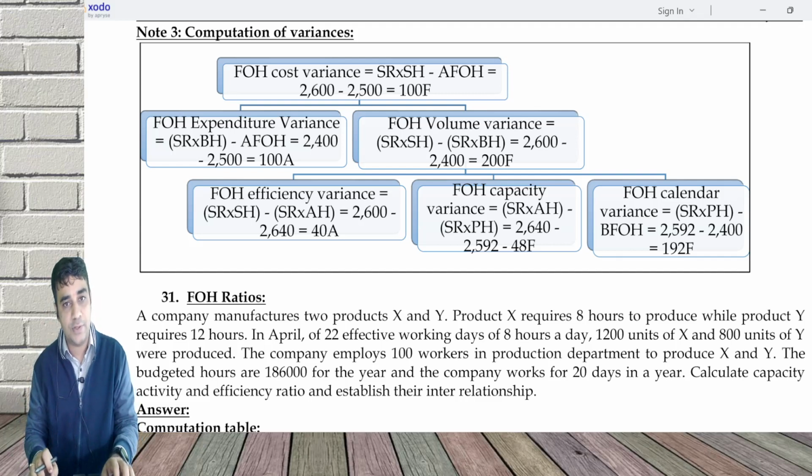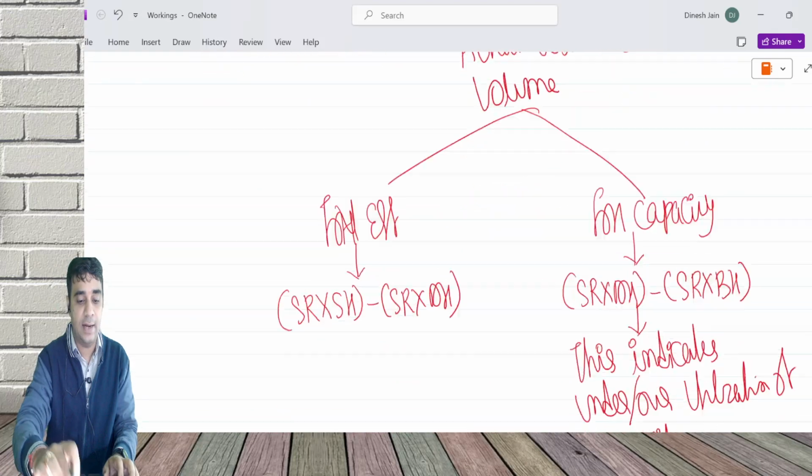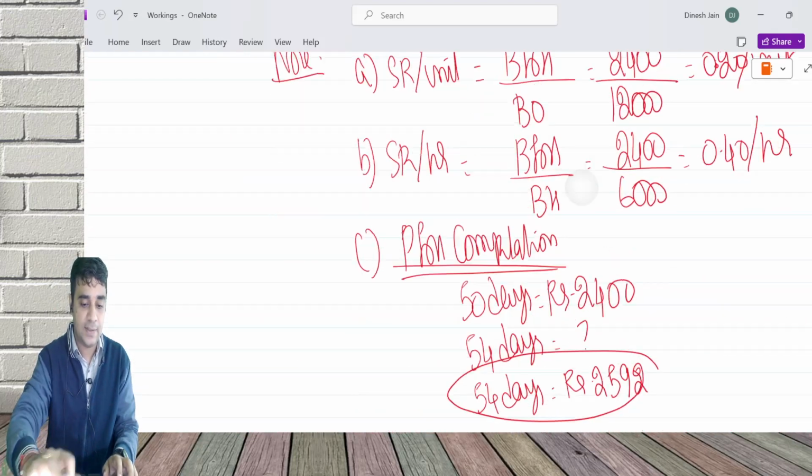So this is with calendar ratio. I will be putting the chart, but I'll not write SR and all. Let's put the chart which is with calendar first.